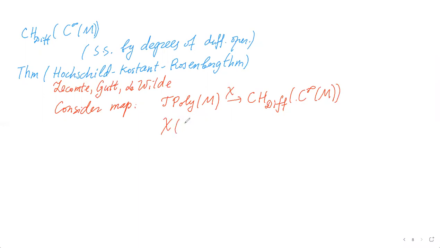Do you remember? I probably better use some capital Latin letter, applied to f0 through fn minus 1. Of course, we assume that p is in the sections of n-vector fields.